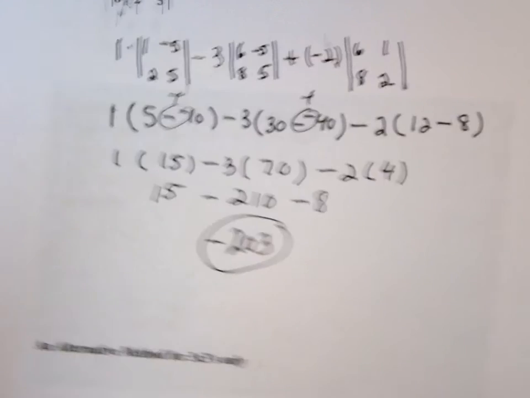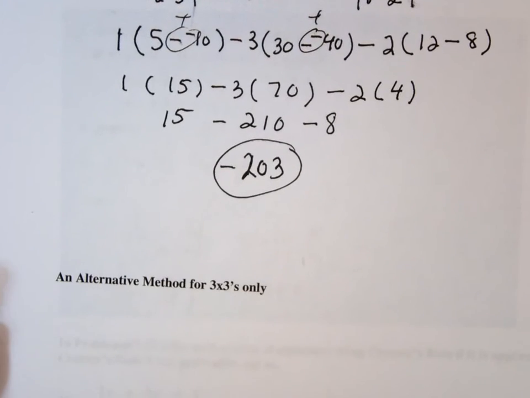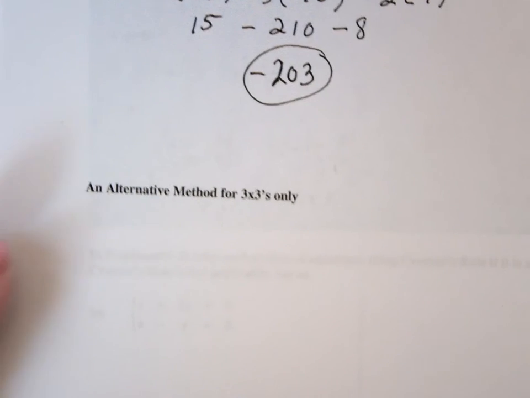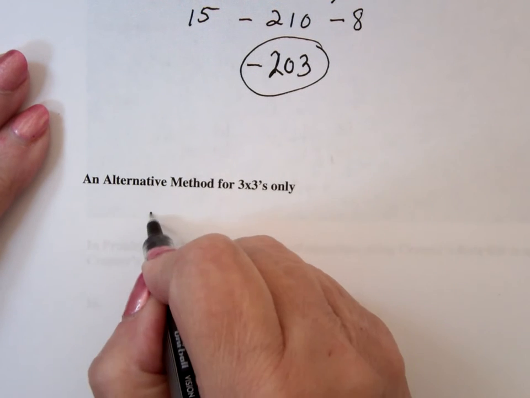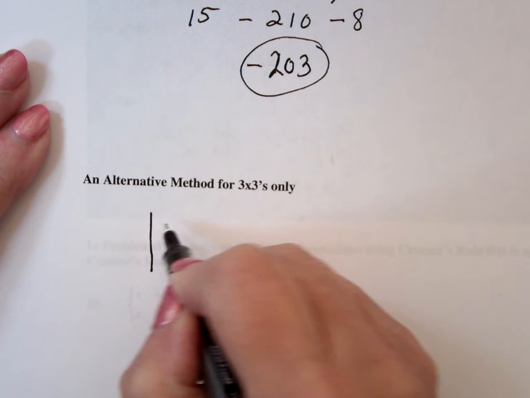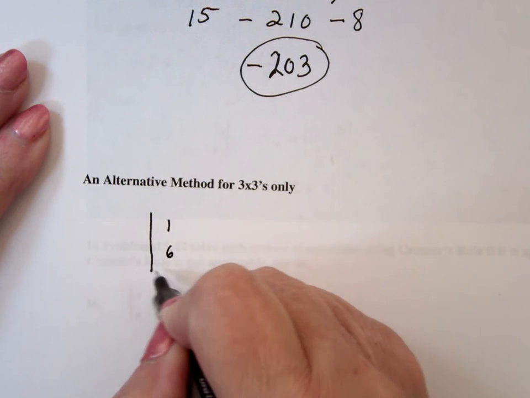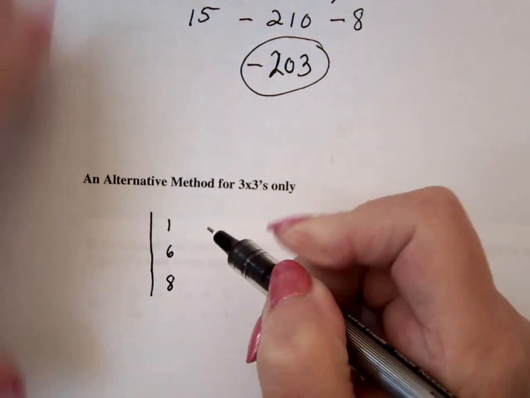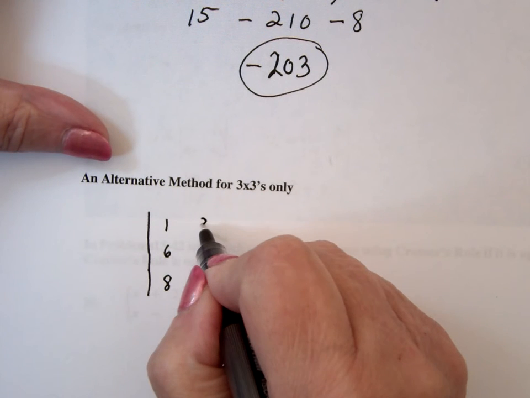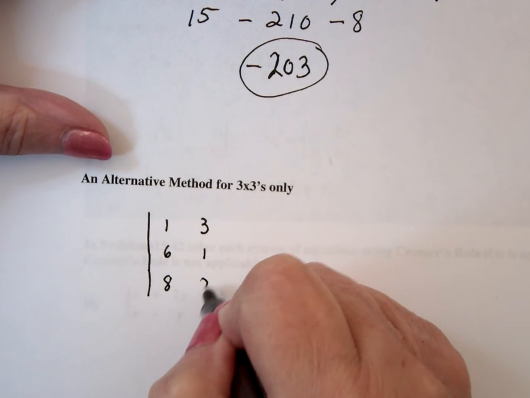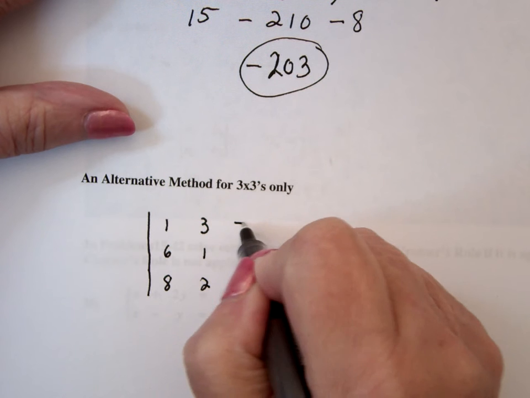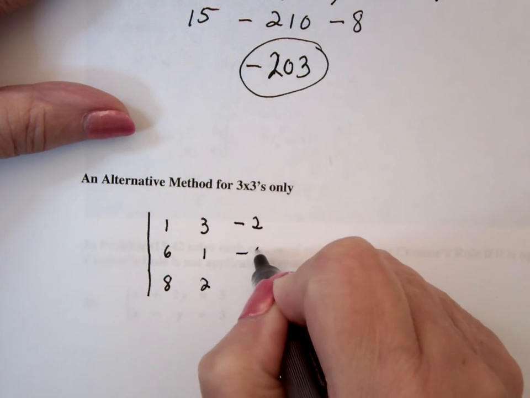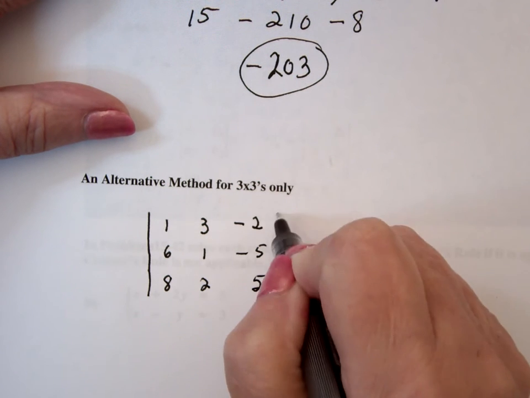Magic square. Okay, so here we go. What is the alternative method? Well, let's rewrite down our matrix, or our determinant. 1, 6, 8, 3, 1, 2, -2, -5, 5.